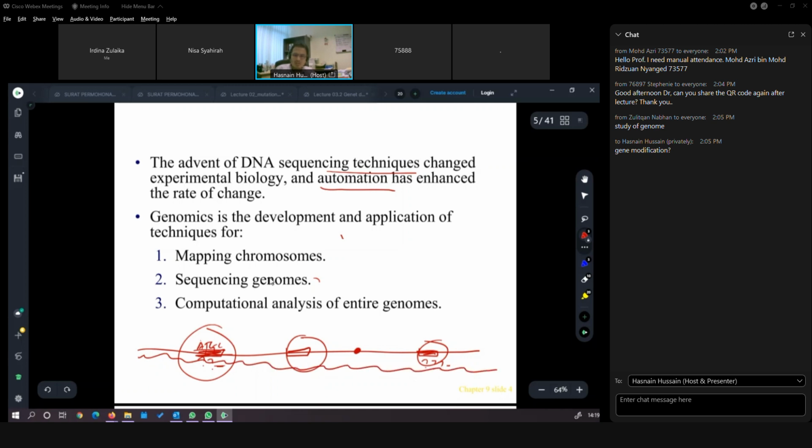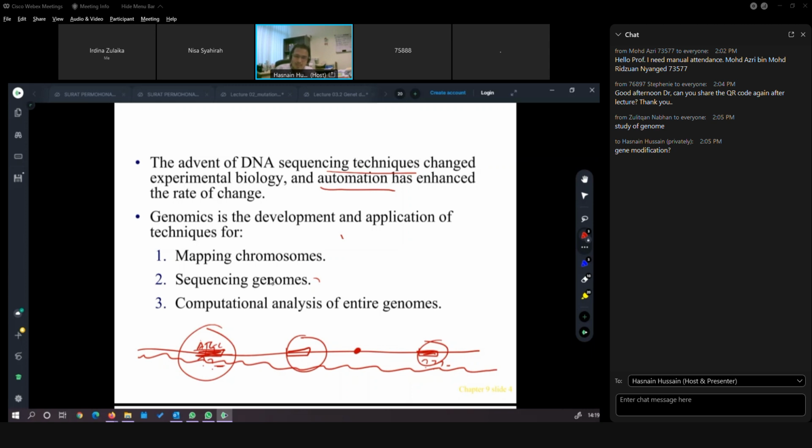Okay, once you have the ATGC sequence for the entire chromosome, you just want to analyze everything. It is very, very difficult because there are so many nucleotides. Then you develop a computer algorithm and write a program to analyze the sequence.